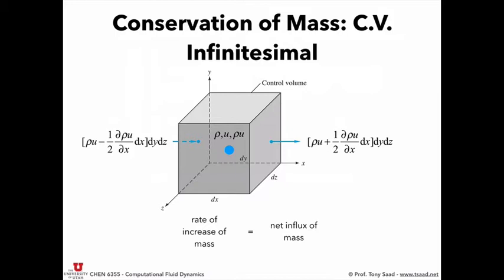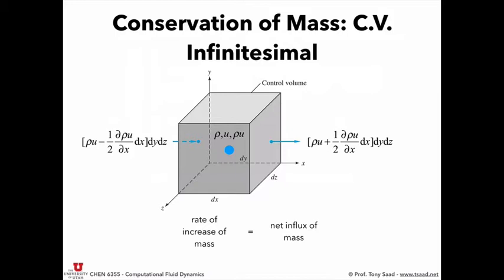So then rho u in, we're going to expand in Taylor series. It's going to be rho u at x0, or in the center, plus (x minus x0). That is going to be minus delta x over 2, because this is minus delta x over 2 minus 0.